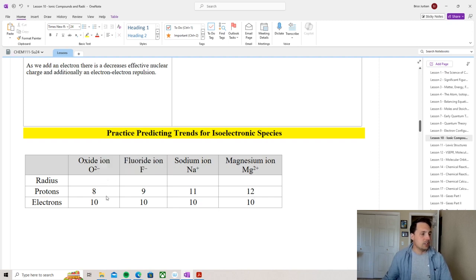Let's look at how the radius changes. Well, starting off, let's predict a trend. We might expect that the anions are going to have the largest radius.